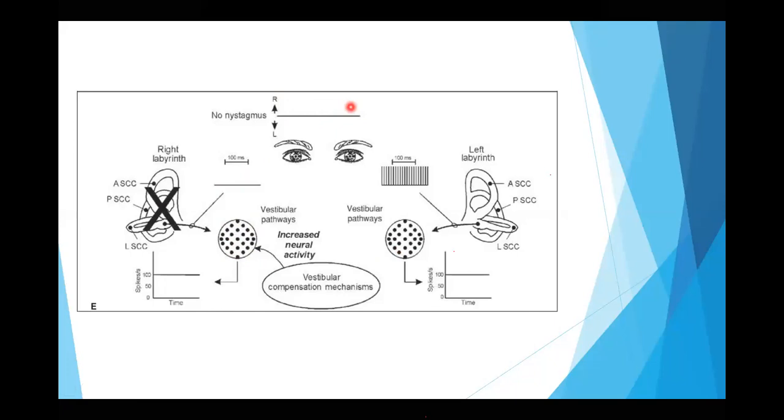When there is a movement, this is static. When there is a movement, then it will check here. The fibers will increase, so you will have extended firing based on this. And when there is a movement to the right side, the left side will have inhibition. So when this reduces, this will maintain the same, so you have a difference here. Okay, is it clear or is it confusing?